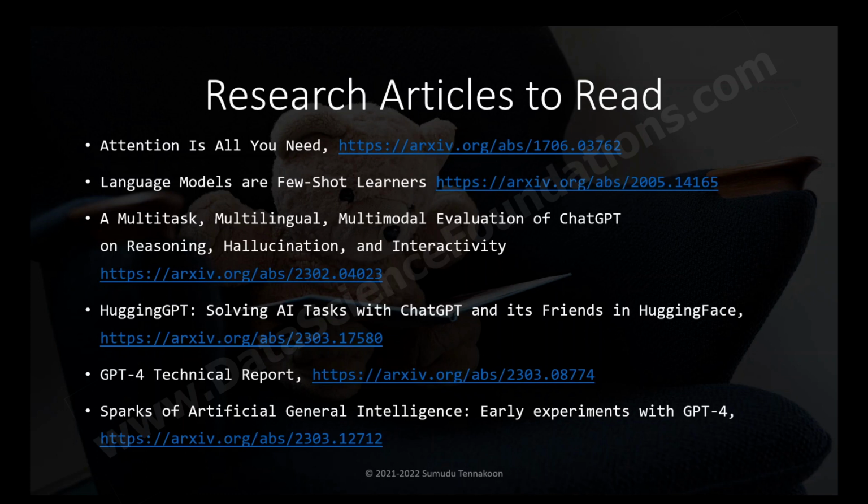The other papers also, a lot of key developments happened during the last few years, and they will be good reads, and I will have more articles in the description. There could be a lot of blog posts. I don't want to list everything here or in the description, but you can find and read more about generative AI. It is very important for you and for everyone, for me as well, to stay up to date, because this technology is developing day by day at a very rapid pace.